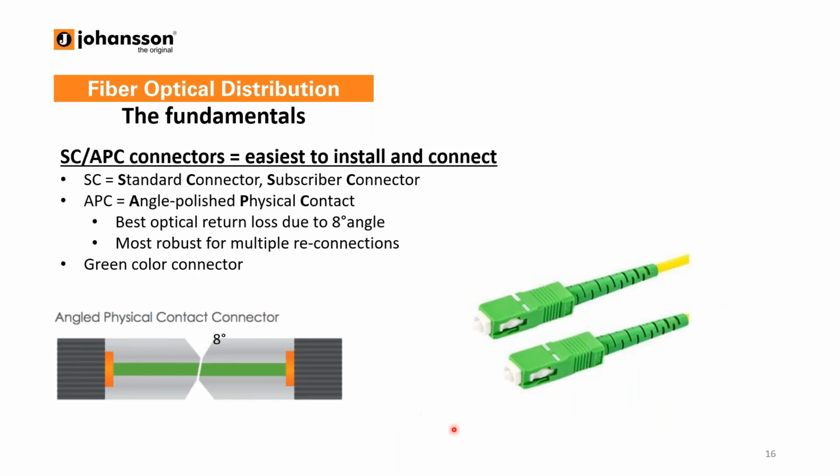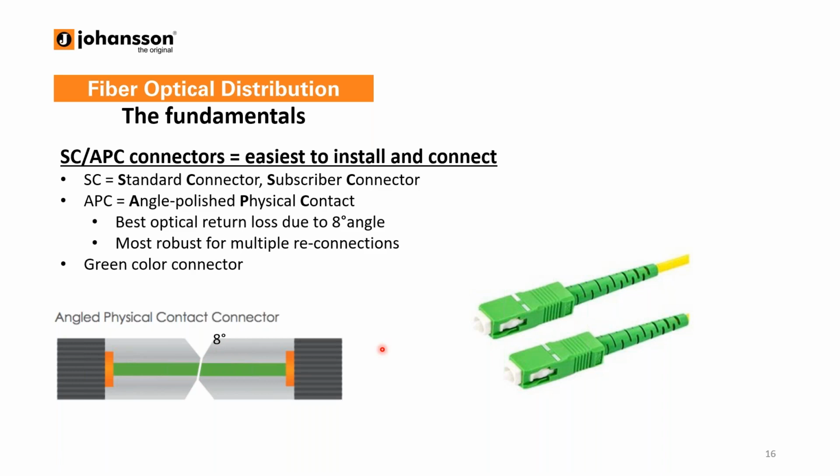A bit more about the connectors. So we use SC APC connectors. SC stands for standard connector or subscriber connector. There are different names for it, but more important is the APC, which stands for angle polished physical contact. What does it mean? It means that the tip or the end of the optical cable is under an 8-degree angle.